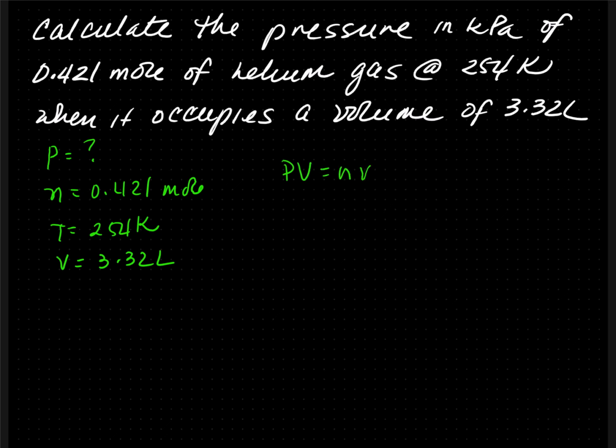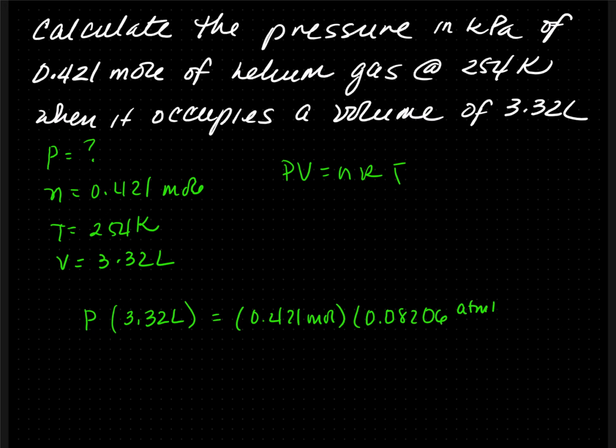The only formula with one P, one n, one T, and one V is the ideal gas law, PV equals nRT. So I'm going to plug in and solve for P. The volume does not have to be converted because it's already in liters. This is equal to the number of moles, 0.421 moles, times the gas constant, 0.08206 atm liter per mole per Kelvin, divided by my temperature, which does not need to be converted because it's already in kelvins.